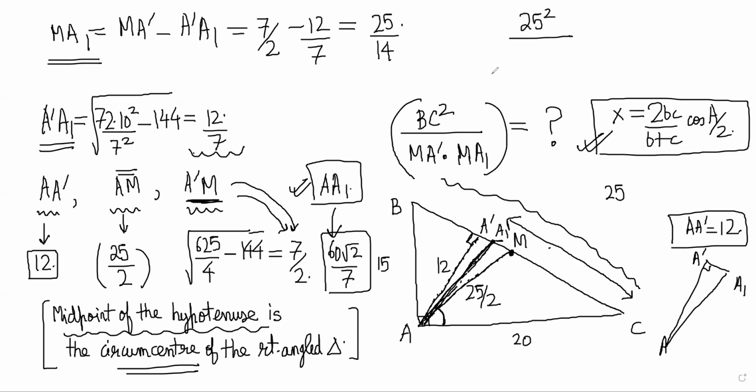So 25 square by MA dash, which is 7/2, and MA1. MA1 was 25/14, right? So you will get 25 and this into 4. You're getting 100. Nice value. 100 is the answer.